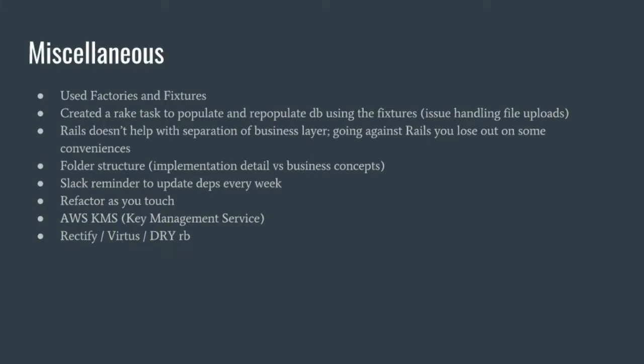I really followed the refactor-as-you-touch guideline, and that really worked out well. I tried to follow that pretty rigorously, and it felt good. Although I did notice, and I don't know if you guys experience this, that as I go along in a project and start to understand more, I start building new functionality in a slightly better way, and then some of the old stuff that I wrote becomes out of date.